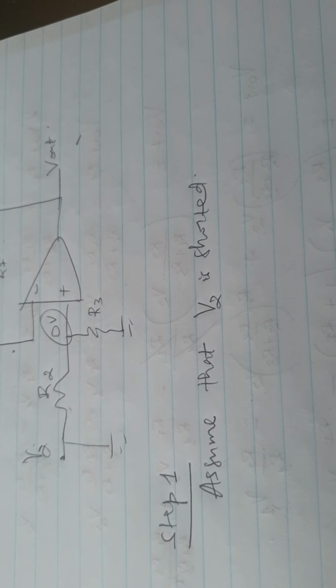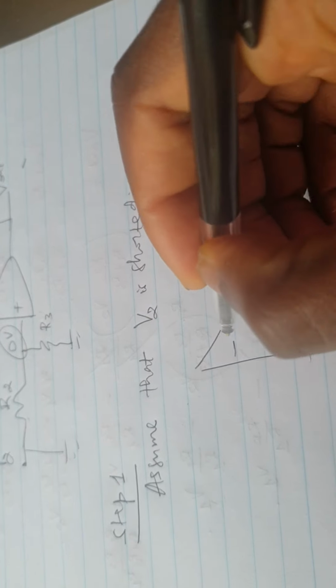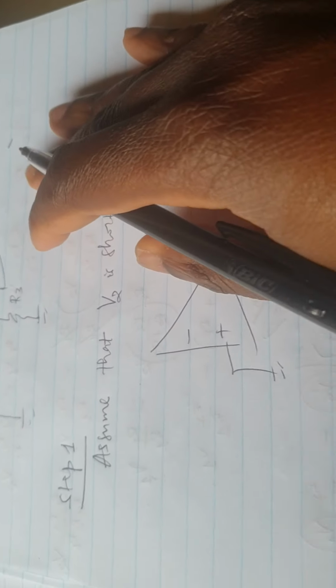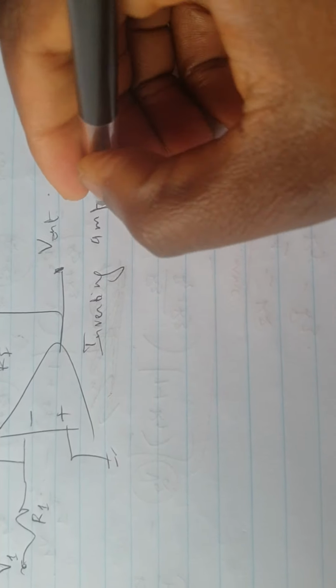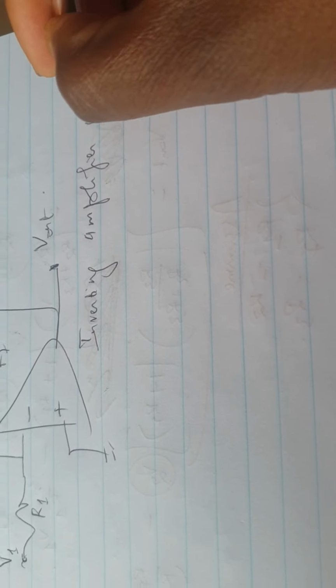With V2 being shorted, we have 0 volt there, which means we end up with the following: R1, V1, RF, V out. This is exactly an inverting amplifier configuration, of which we know the gain.